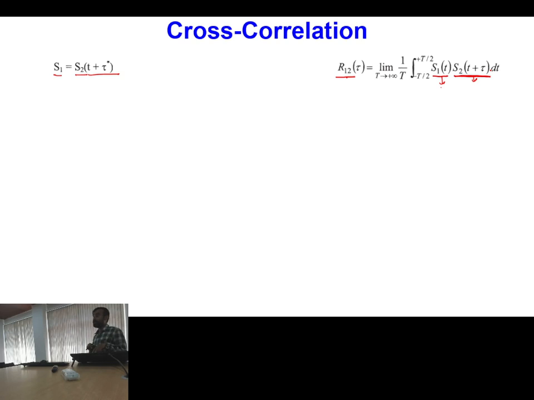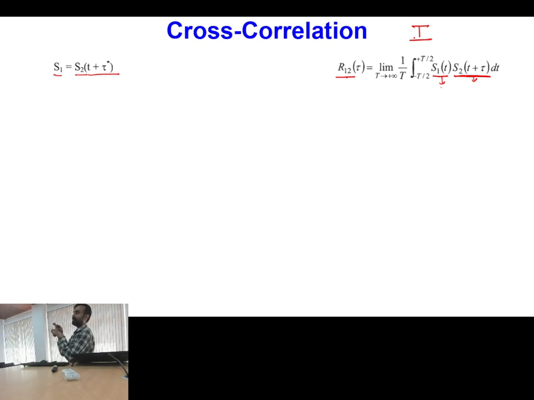Along with this multiplication, I have also defined a parameter capital T. What is capital T? Capital T is the period of measurement.